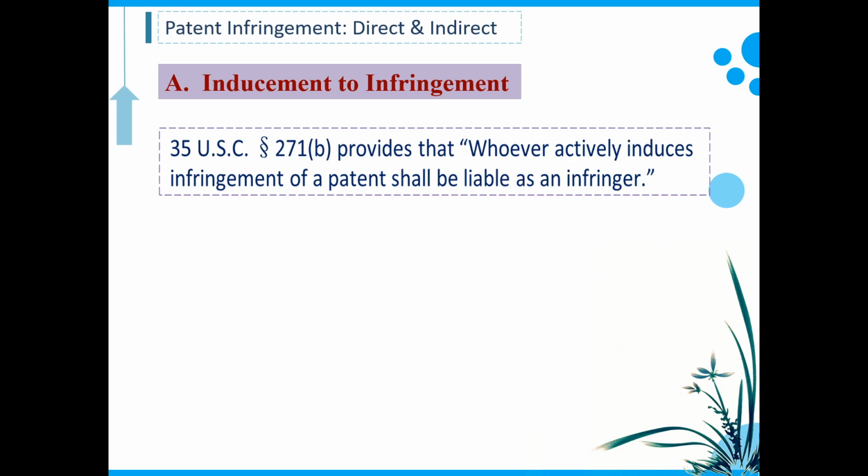In Section 271(b), it is provided that whoever actively induces infringements of a patent shall be held liable as an infringer. So the key requirements here, active inducement, means the defendants must be aware of the fact that the direct infringement being induced is infringing conduct.